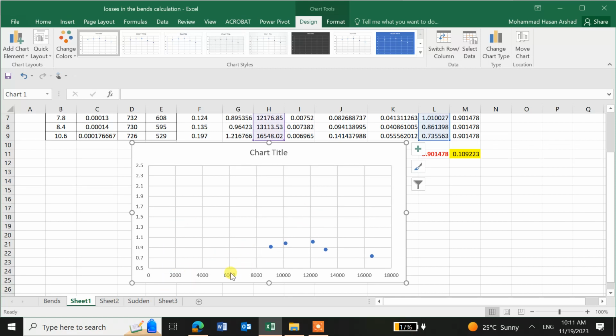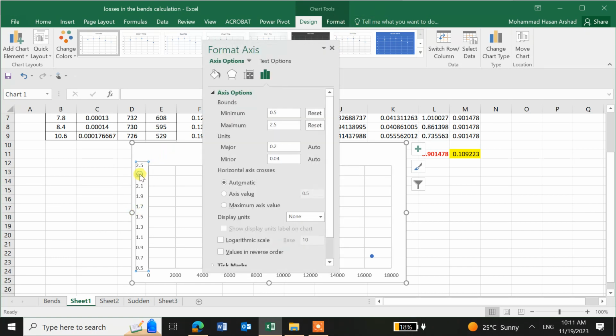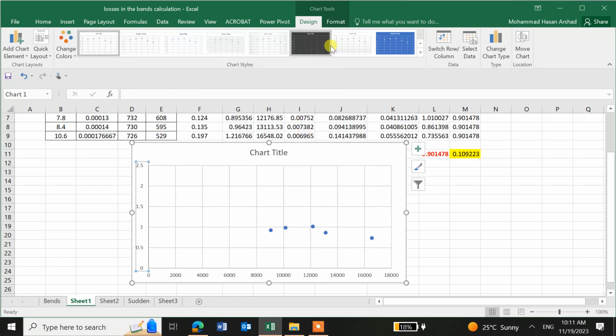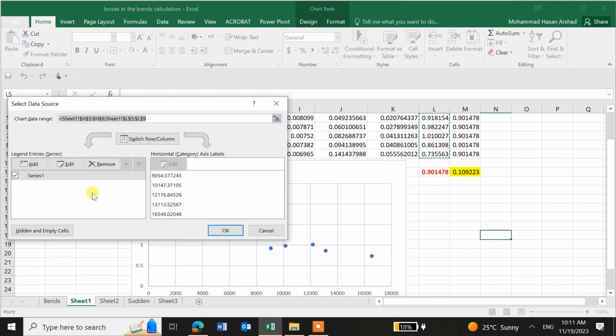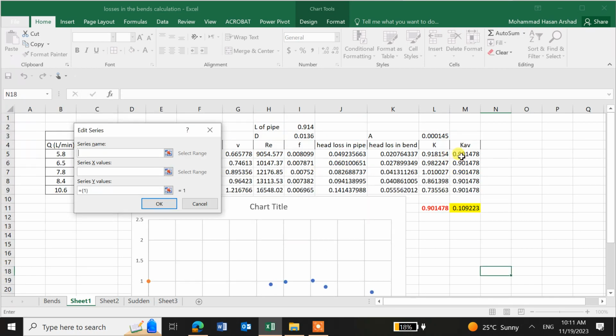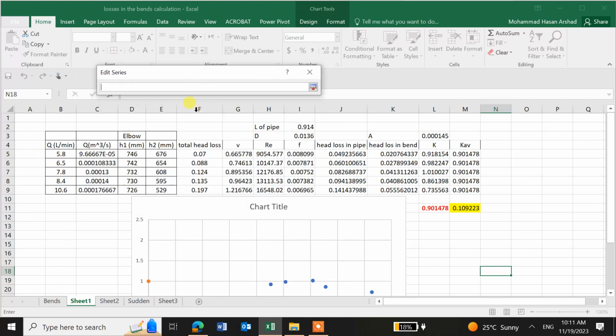Or this is coming down, so better we keep it 0. So we can also plot the average one together. And this average is constant, average and Reynolds number.